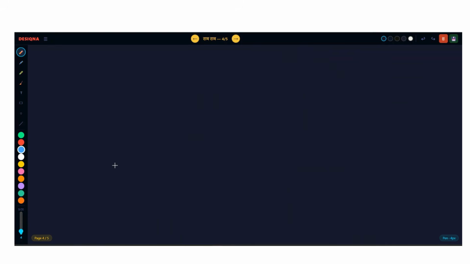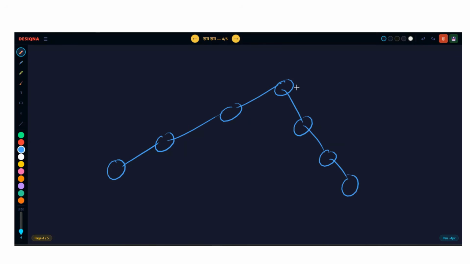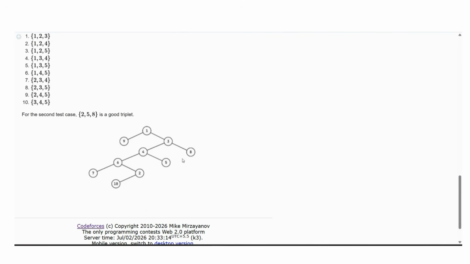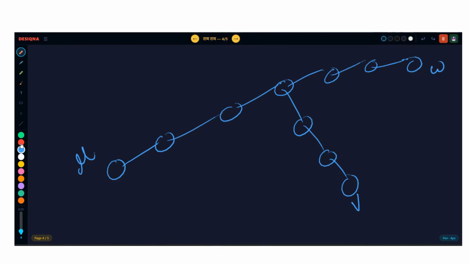Whenever the path is something like this, U, V, W. Means if UVW are not coming on a single line, like you can see here, 2, 5 and 8 are not coming on a single line. Guys, can anyone tell me why UVW is a type 2 path?